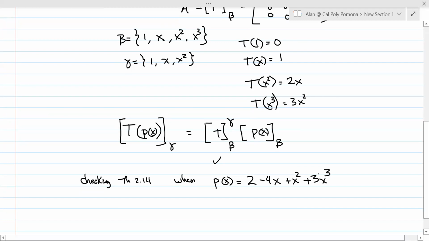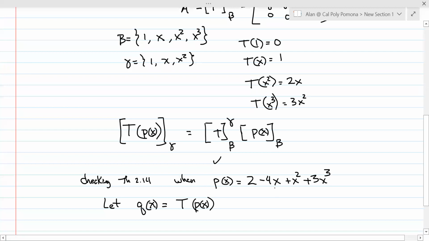let's just track what they're saying here. Let q of x be what happens when T works on p of x. Okay, so what happens when T works on p of x?